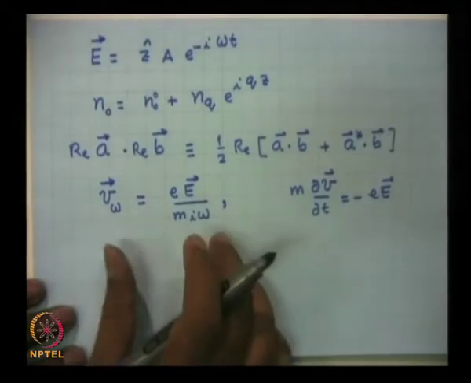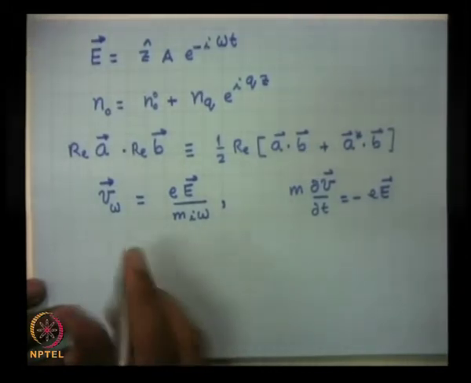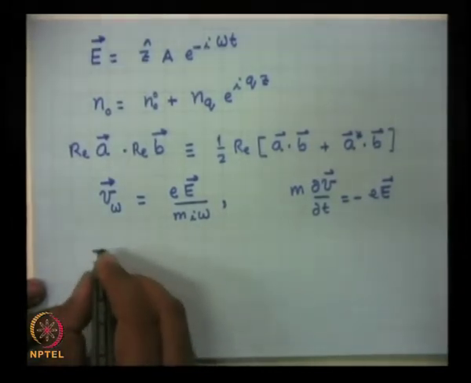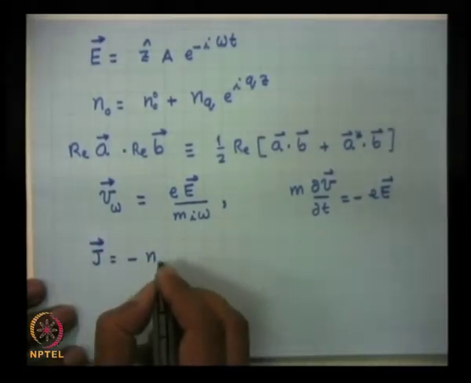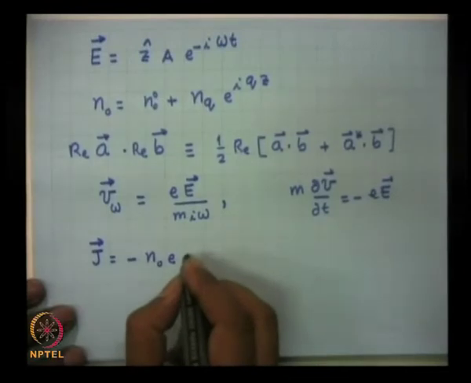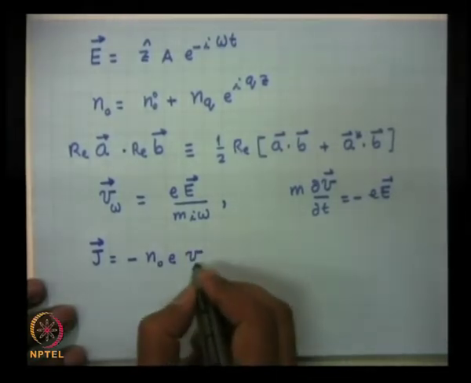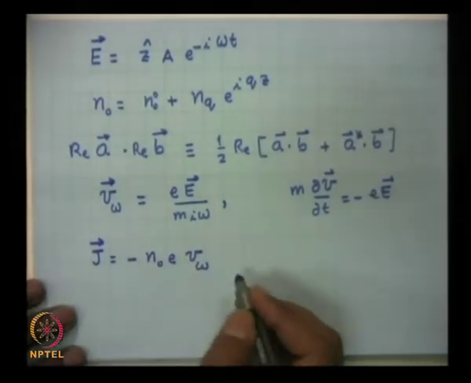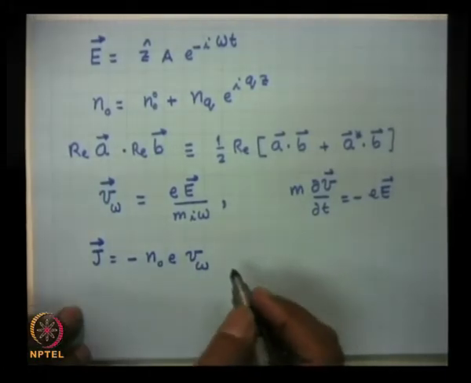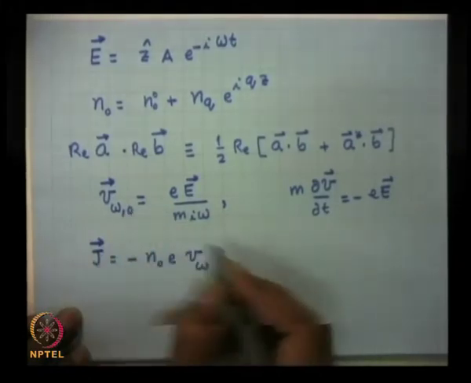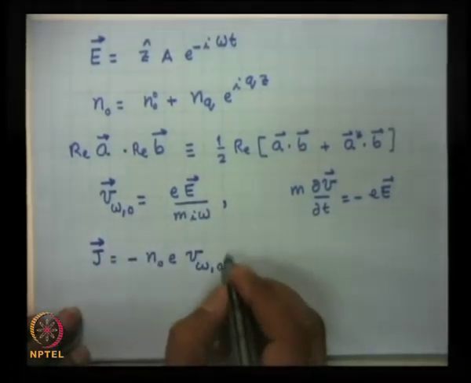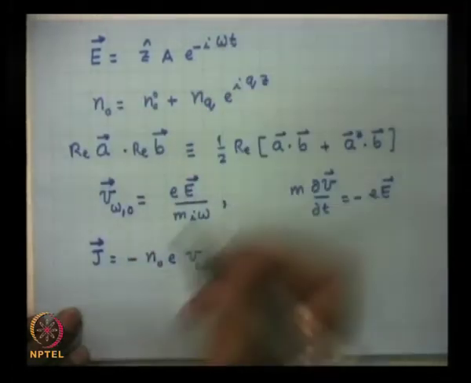Now, if I substitute this in this expression for current density J, which is equal to minus the electron density into V e V omega, I think it will be better if I put a subscript 0 also here, because the wave number I am taking to be 0 here, there is no space dependence.